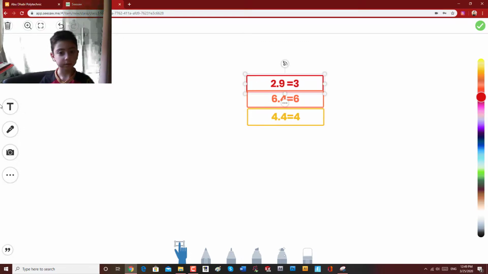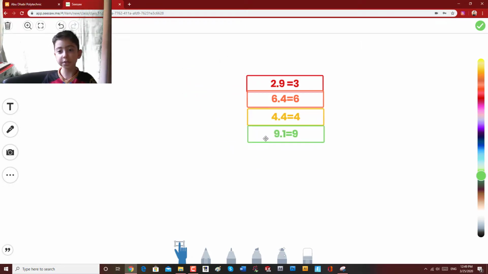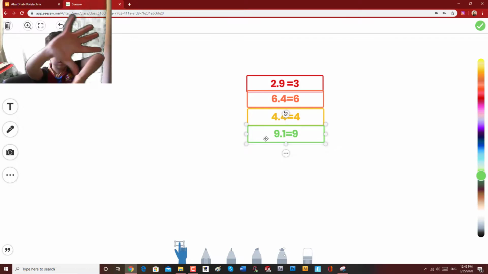Yep. Let's make some new text and let's make it color green. 9.1 equals 9. And if you see anything that is strangely colored or black, then it's probably going to be the challenge for all of us.